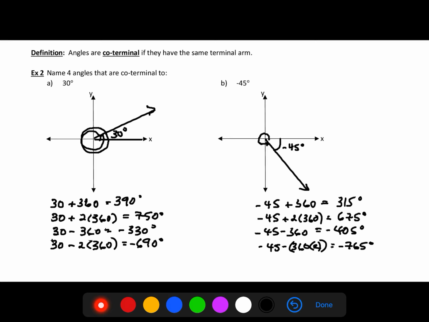I did that one wrong. No, negative 765 is correct. Okay, so we can find coterminal arms just by simply adding a full rotation or taking away a full rotation.